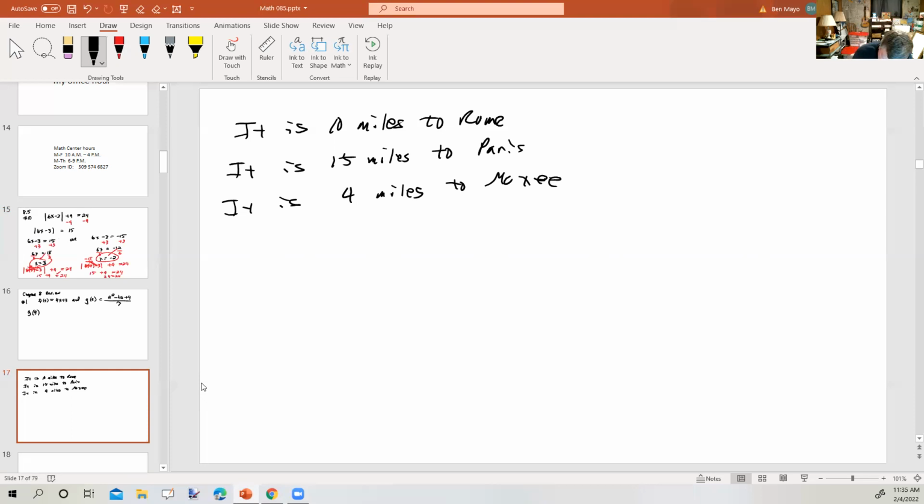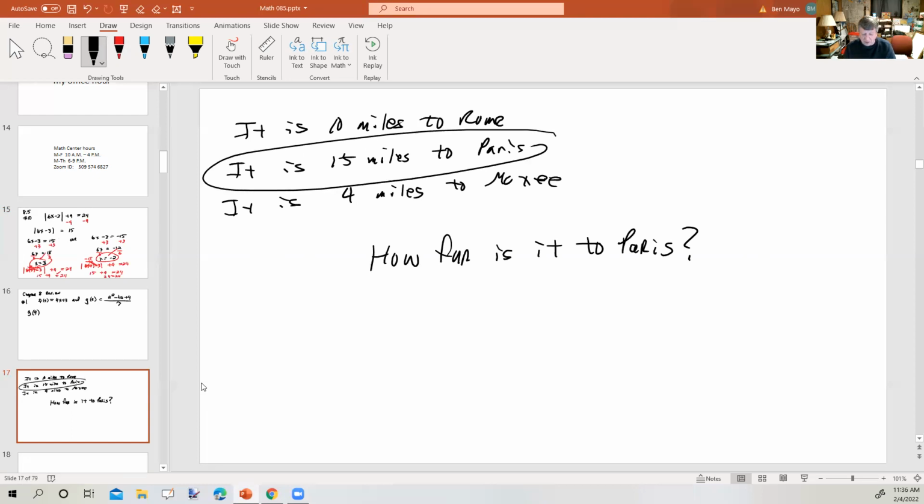Let's say the question was, how far is it to Paris? Would you use all of that information to answer that question? No, you would only use the information available that was pertinent to the question. So it's 15 miles. To answer this question, we don't care how far it is to Rome or how far it is to Moxie, right? We only use the information that's relevant to the question.